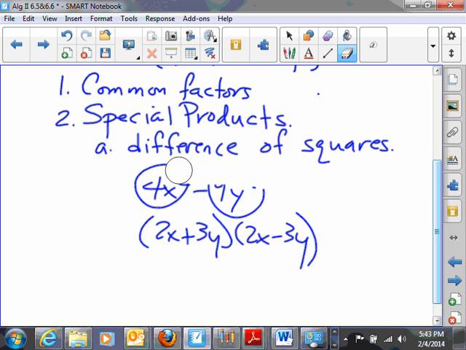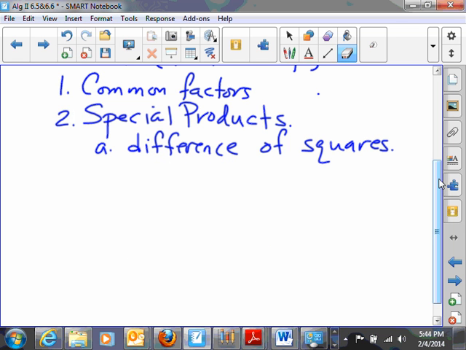Now, the next pattern under the special products is the perfect square of a binomial.